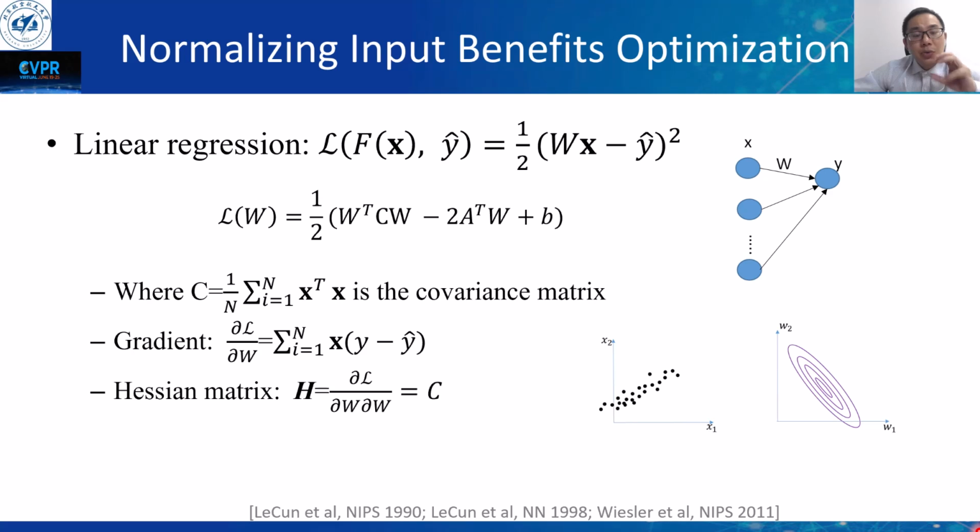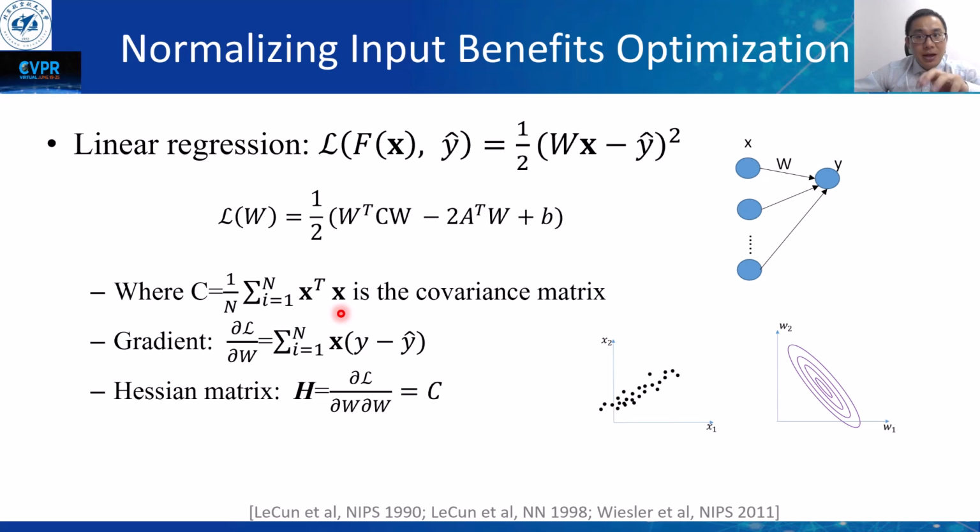Here, I will provide some reasons mathematically why normalizing inputs helps optimization. Let's consider linear regression with mean square error loss. To rewrite the formulation, we can get these objects, where C is the covariance matrix.